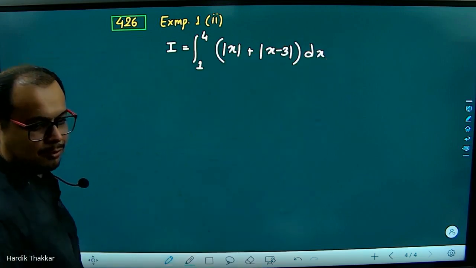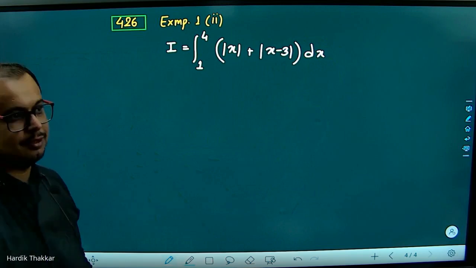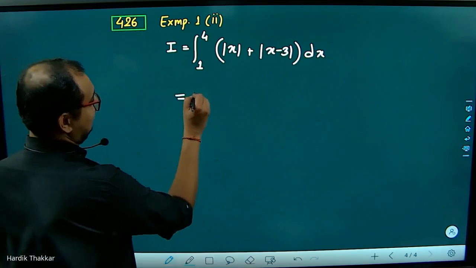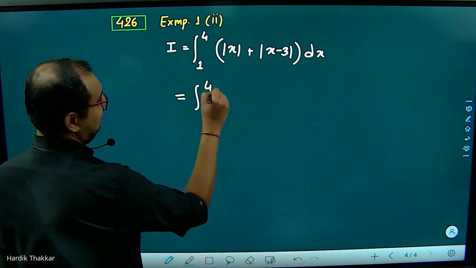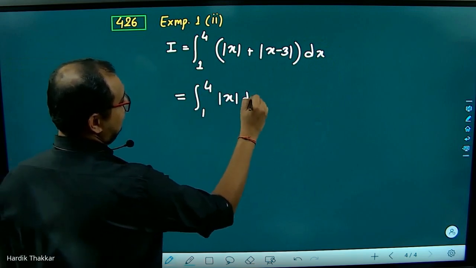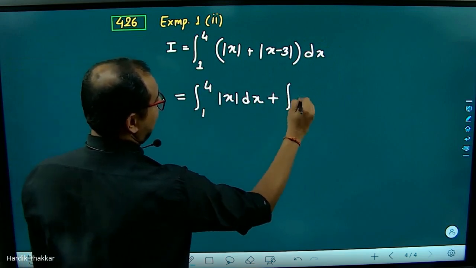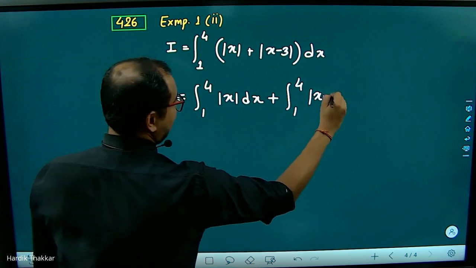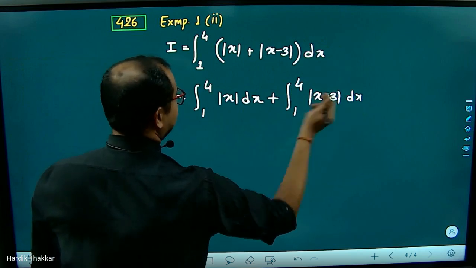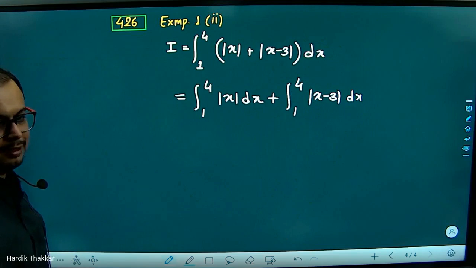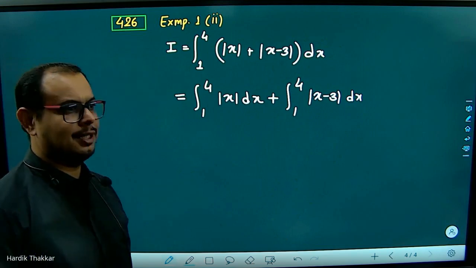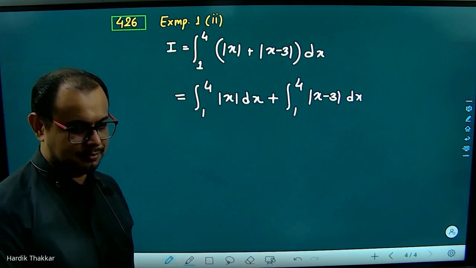So can we write the whole of mod x minus 3 as mod of x minus mod of 3? Can we separate it? Yes, we can separate the two functions like this, plus the integration from 1 to 4 of mod x minus 3, and further we can separately integrate the two parts, and after applying the limits we can solve and get the answer.